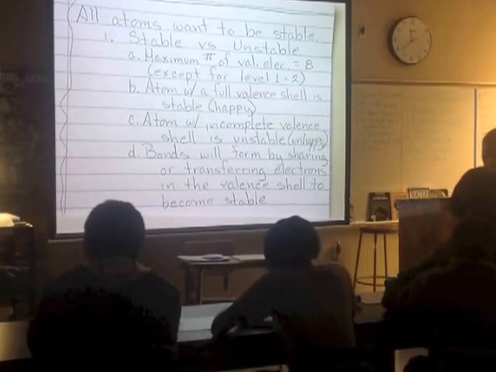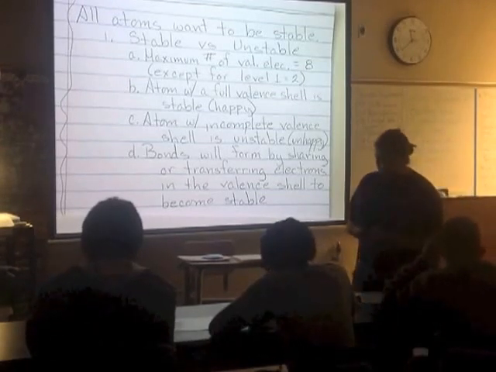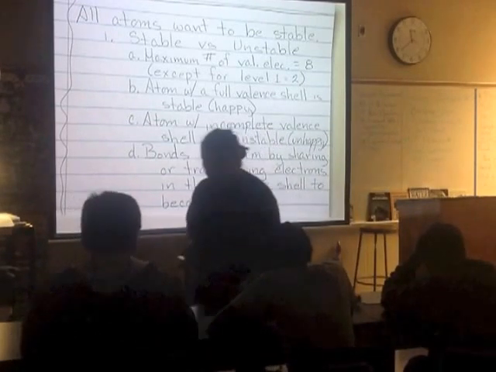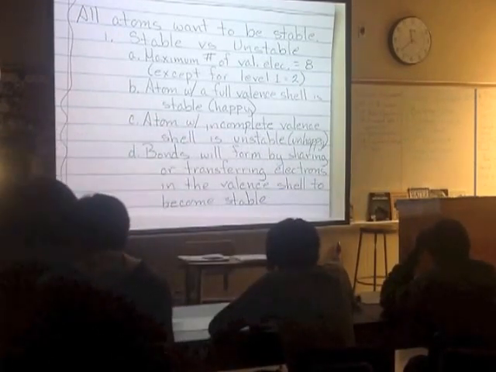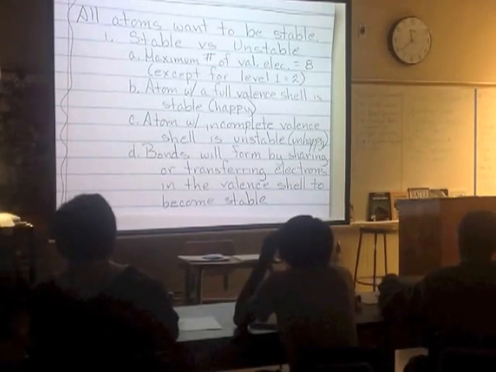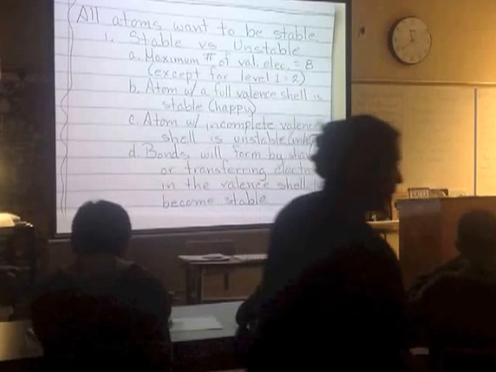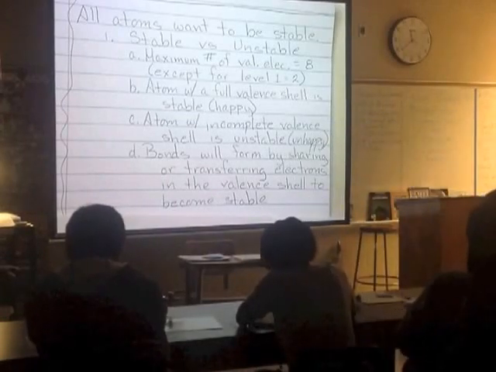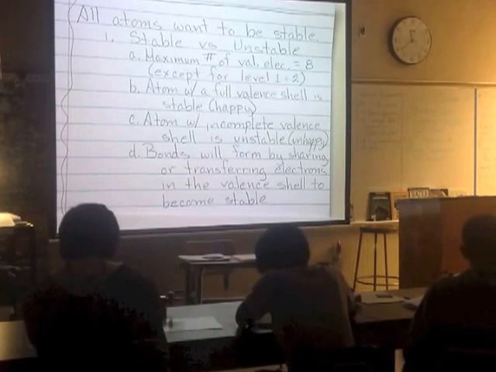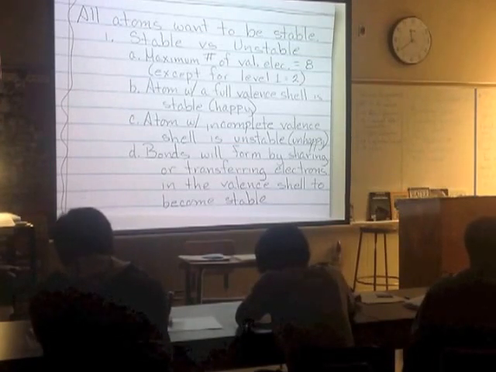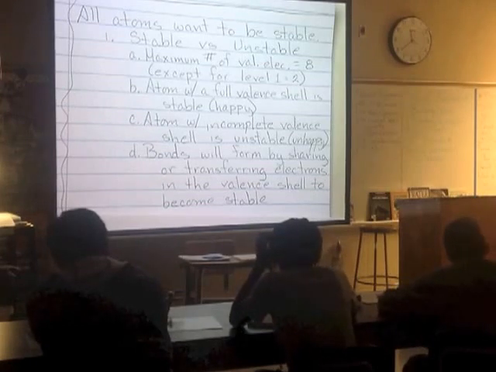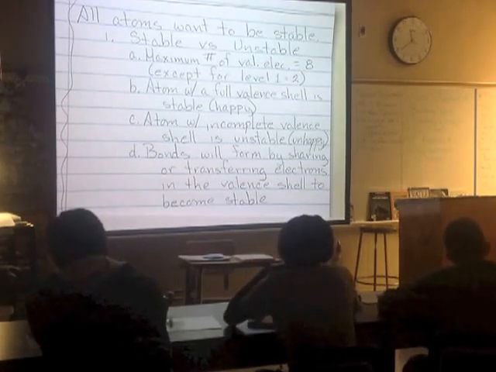The maximum number of valence electrons that an element wants to have is 8. The reason an element wants 8 is because 8 makes it full. A full valence shell is 8. Remember that we talked about the second energy level, and how many electrons can we put on that second energy level? 8. So that is why we consider it stable when it has 8.